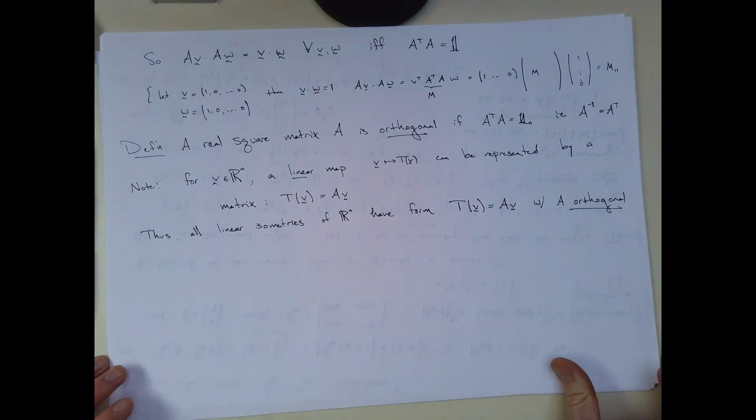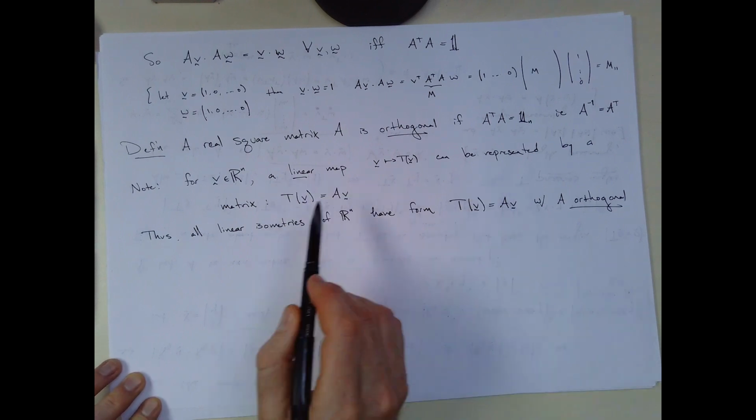Okay, let's push this idea a little bit further. Coming back to the statement, a linear map can be represented by a matrix.